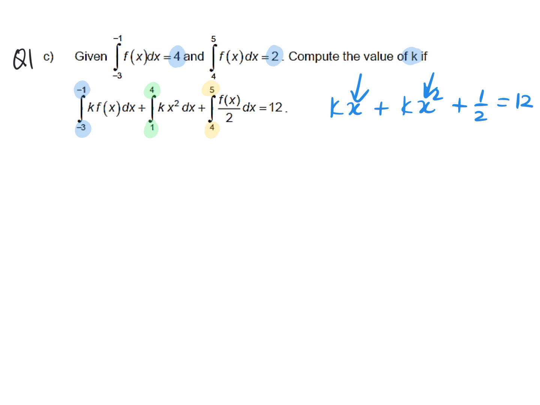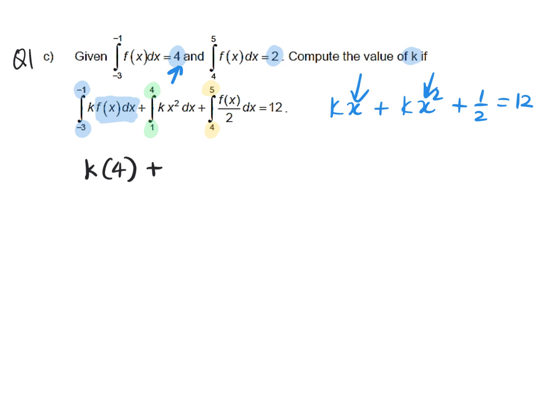Is that information given above? This one. Is it the same? -3 to -1, right? For f(x) dx. It's the same, just that it has no k value. So for the integration from -3 to -1 of f(x), you can already substitute it with 4. So k just remains in front, and you can replace this integral with 4. So we settle the first integral.